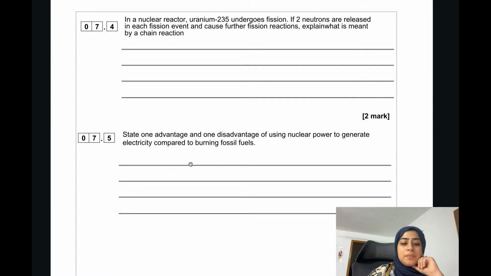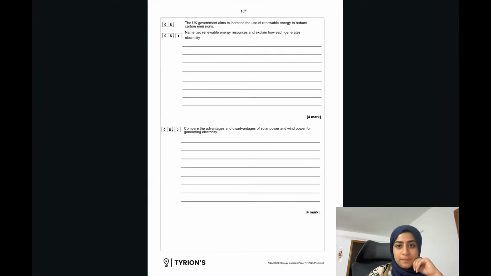But a bad thing about nuclear power is that it produces a lot of hazardous radioactive waste as well. So advantage, a lot of power, not much carbon dioxide, which is great, but radioactive waste is very dangerous.